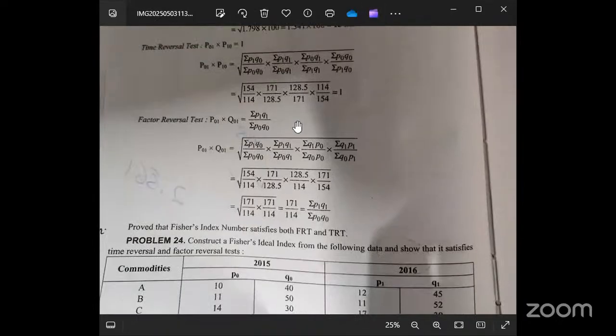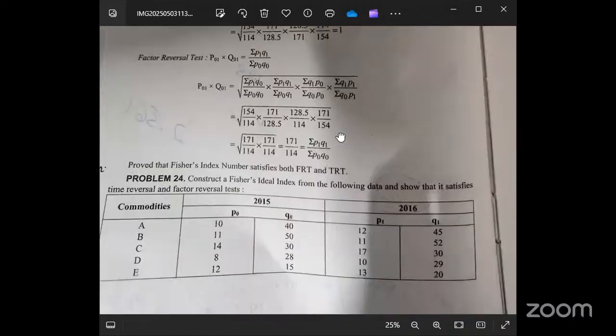So here, time reversal and factor reversal are both satisfied. And see the next problem.